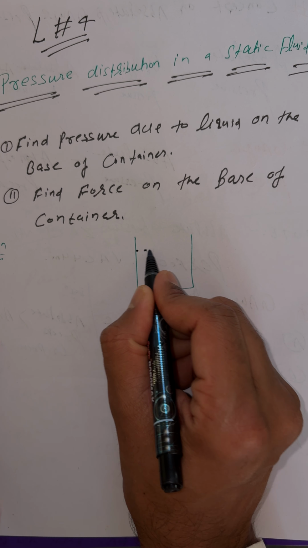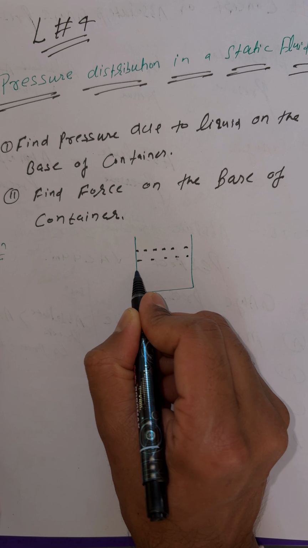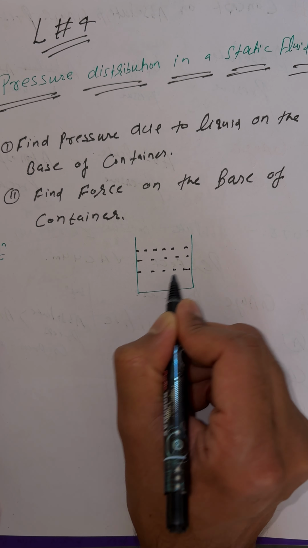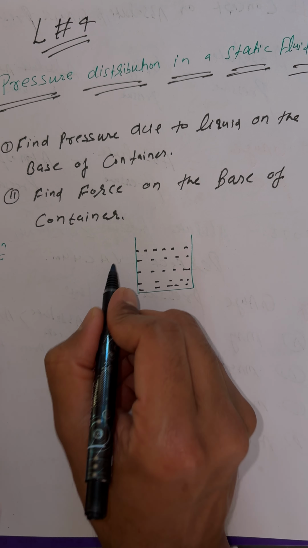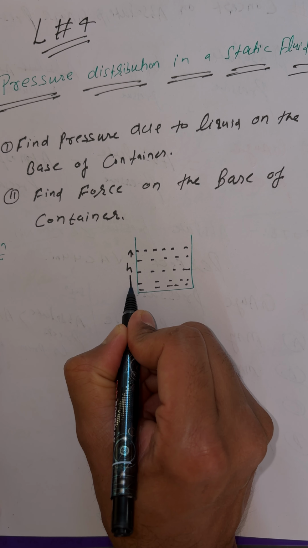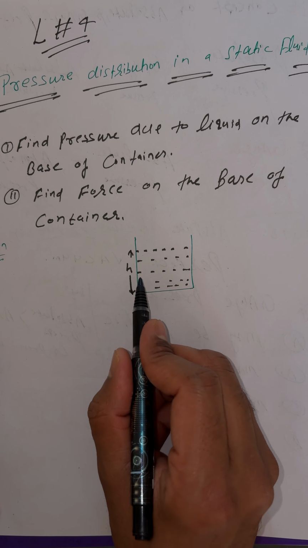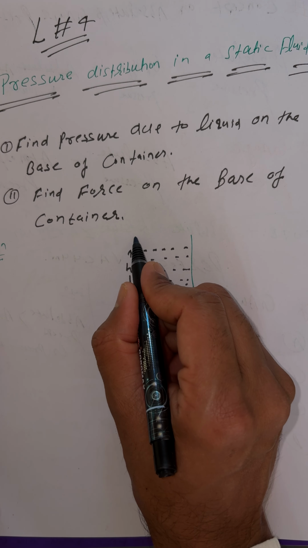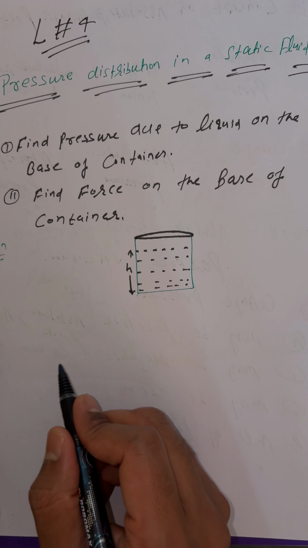In this container I'm considering H as the height of the fluid. It's not the height of the container, it's the liquid filled in the container. Now friends, this container is open to atmosphere.